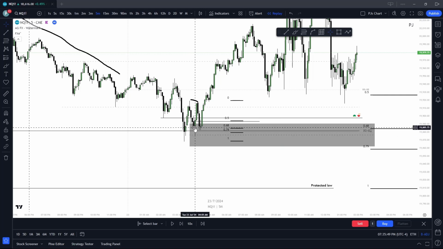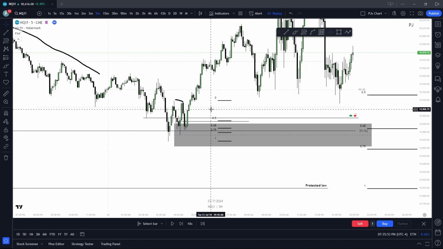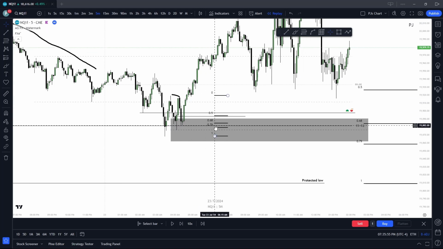Rejection block, lower time frame rejection block, order block sitting within the rejection block that delivers us higher. As we failed to close below 0.68 and then 0.79, coming inside of our higher time frame 4-hour rejection block, we don't stay there for too long. We stay there for like 5-10 minutes and then deliver higher.